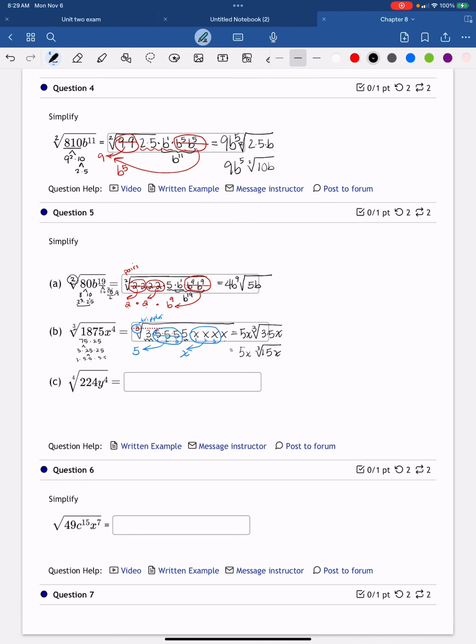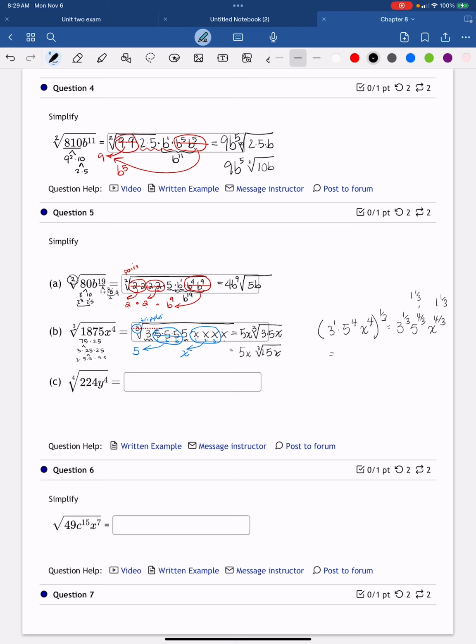If you wanted to go with powers, we could have said this is 3 times 5 to the 4th, x to the 4th, all to the 1/3. And we would have gotten 3 to the 1/3, 5 to the 4/3, x to the 4/3. And we'd work with 4/3 as 1 and 1/3, 1 and 1/3.